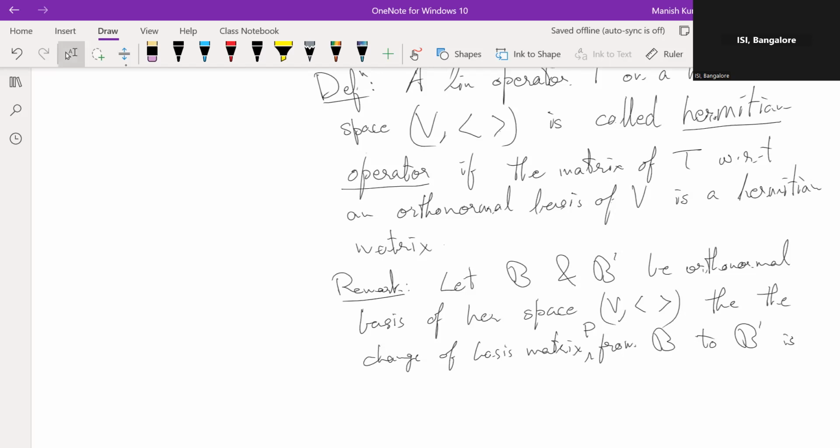It's unitary, right? The Hermitian form with respect to B is identity, and with B prime also it is identity. So the change of basis matrix tells you that P star P is again identity. The matrix is unitary.